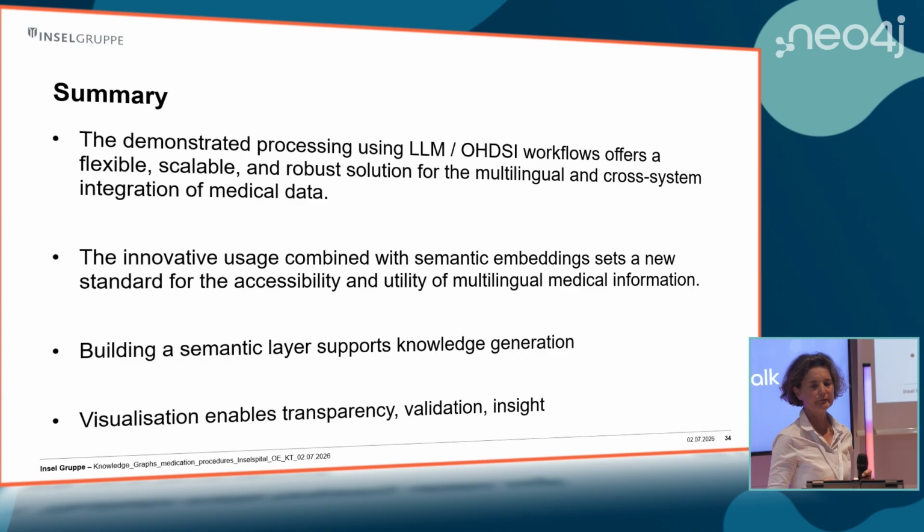And for us, the main achievement using Neo4j in this context was to have a high transparency of these complex processes and results, and to gain a deep insight into the potential of the systems we try to build up, and also to support further development in the areas where we still have gaps.